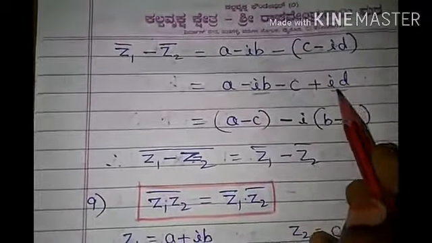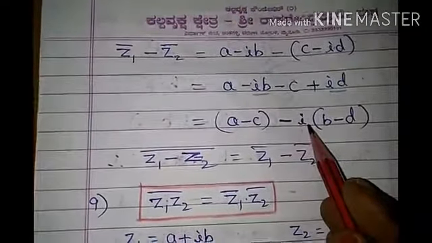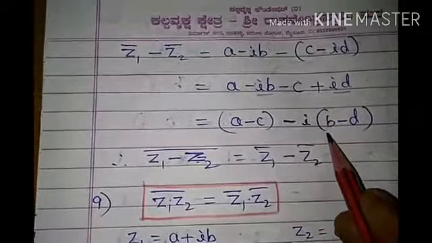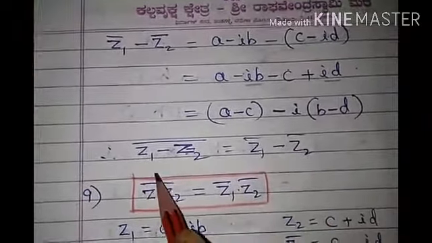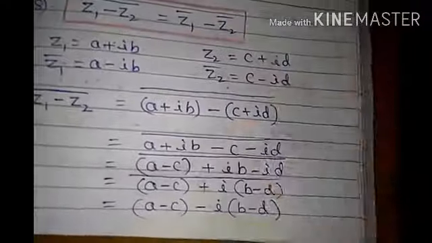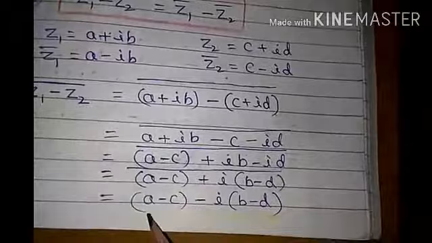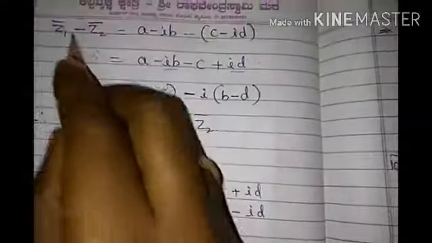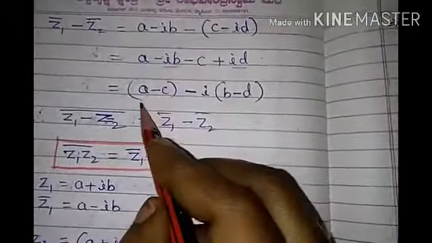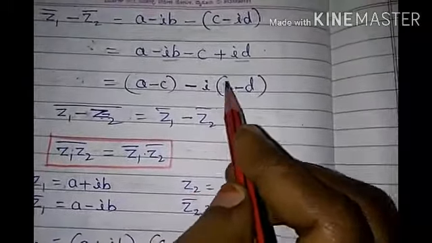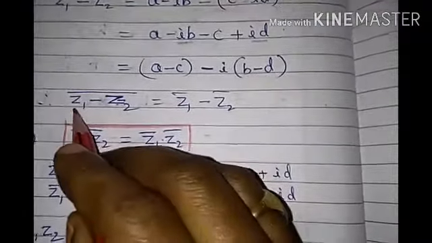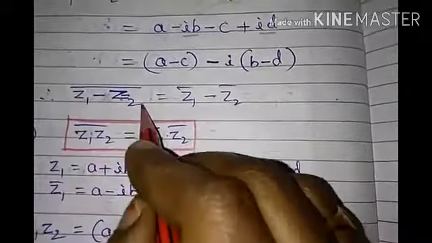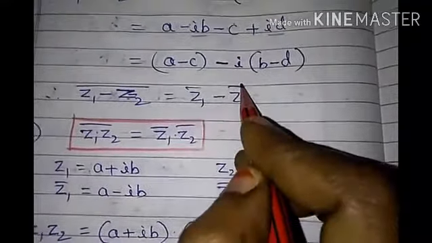Since i is common in these two terms, you can take minus i as common, minus i into b minus d. Therefore, by observing the values of both, z1 minus z2 whole conjugate equal to a minus c minus i into b minus d. Similarly, z1 conjugate minus z2 conjugate equal to a minus c minus i into b minus d. Therefore, we conclude that z1 minus z2 whole conjugate equal to z1 conjugate minus z2 conjugate.